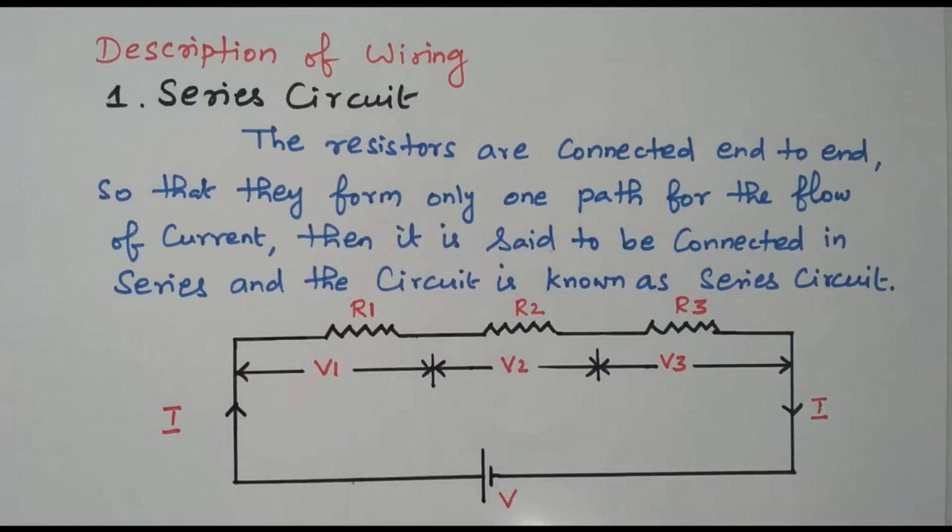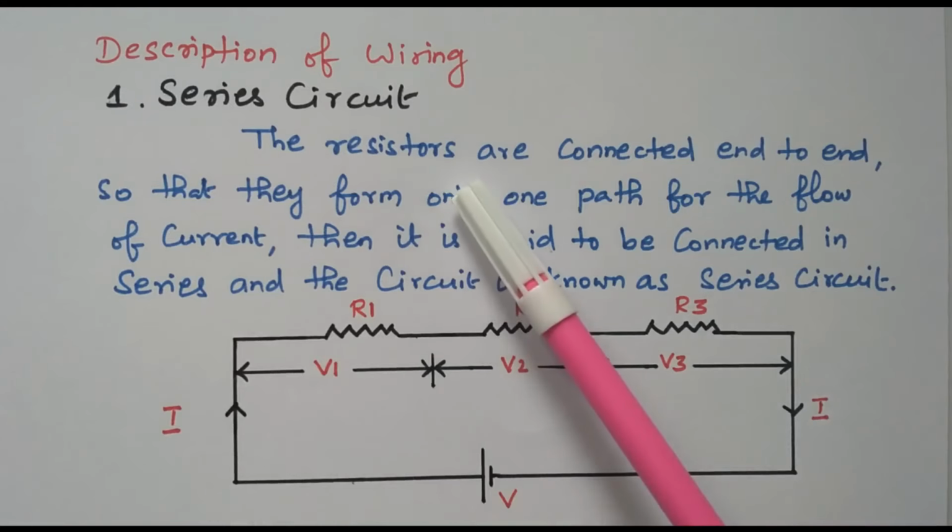This is the applied voltage V. Based on the resistor value, voltage will be dropped across the resistors, V1, V2, V3. Based on the R1 value, the V1 value will be decided. So the total voltage V equals V1 plus V2 plus V3. The voltage will be divided, the current will be the same.